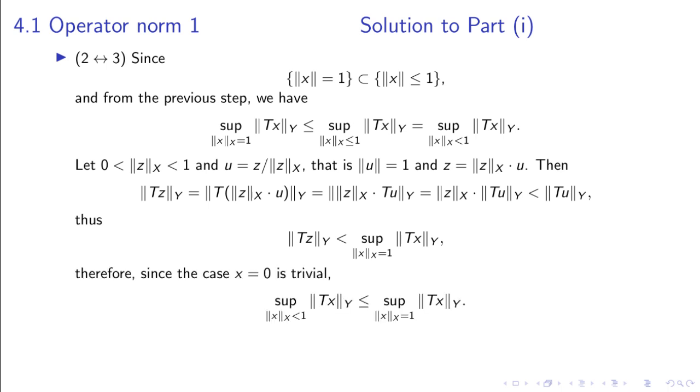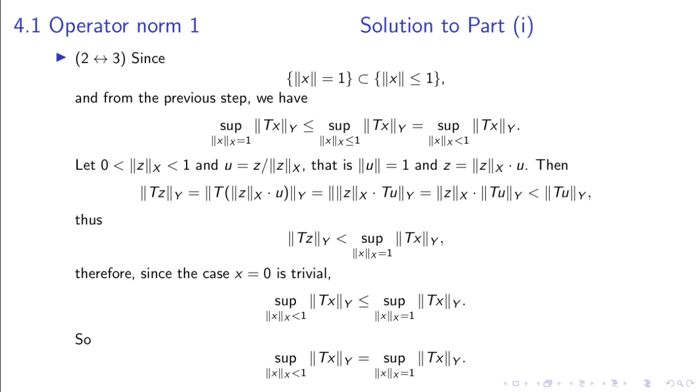Since the case x equals 0 is trivial, we deduce that the supremum over all x with ‖x‖_X strictly less than 1 is less than or equal to the supremum over all x with ‖x‖_X equal to 1. Combining this with the earlier inequality, we conclude that the supremum of ‖Tx‖_Y over the open unit ball equals the supremum over the unit sphere.